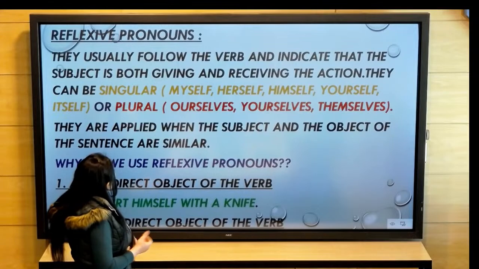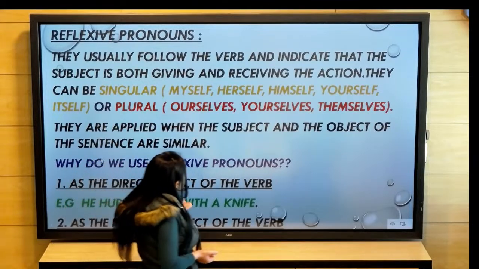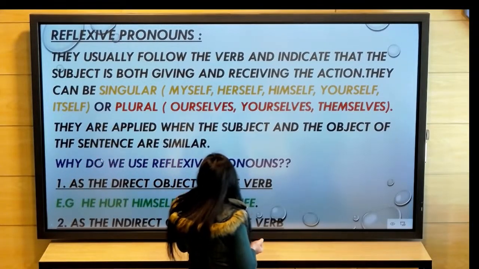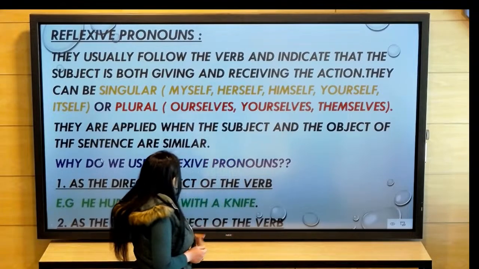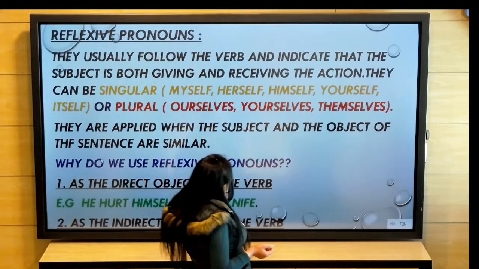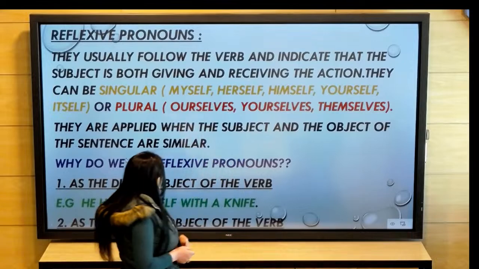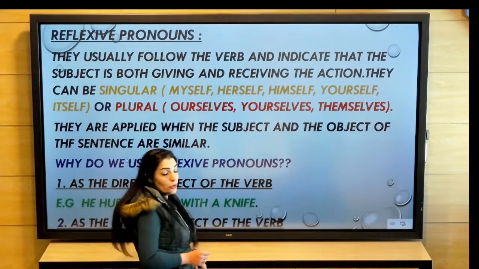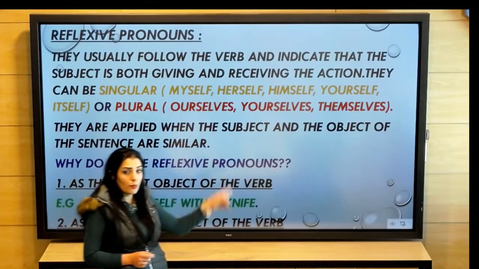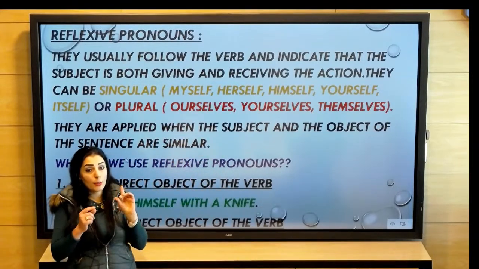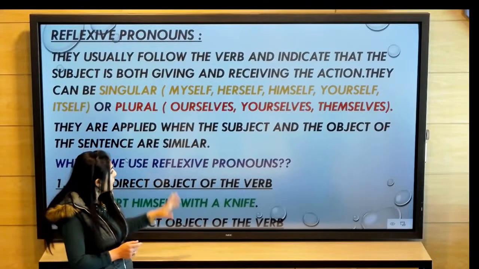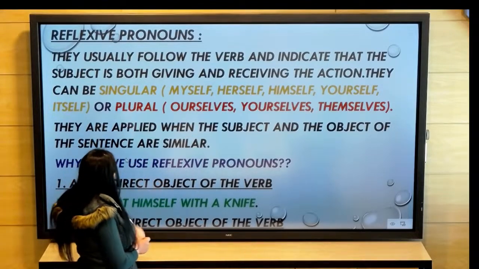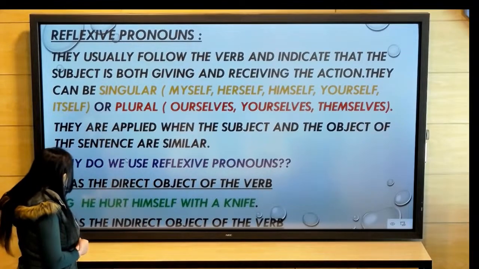They can be singular, like myself, herself, himself, yourself, itself, or plural, like ourselves, yourselves, themselves. They are applied when the subject and the object of the sentence are similar. So when the subject and the object of the sentence are similar, then we have reflexive pronouns.